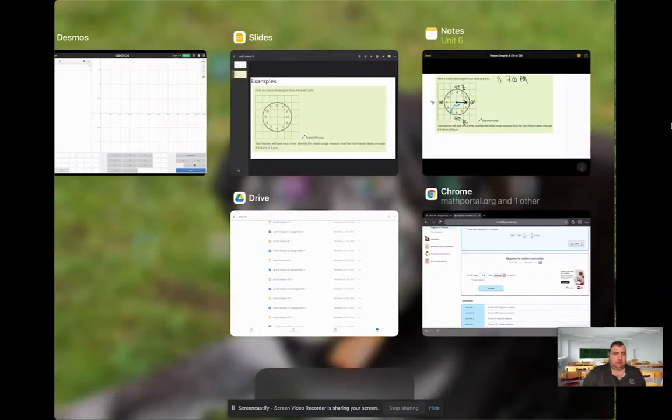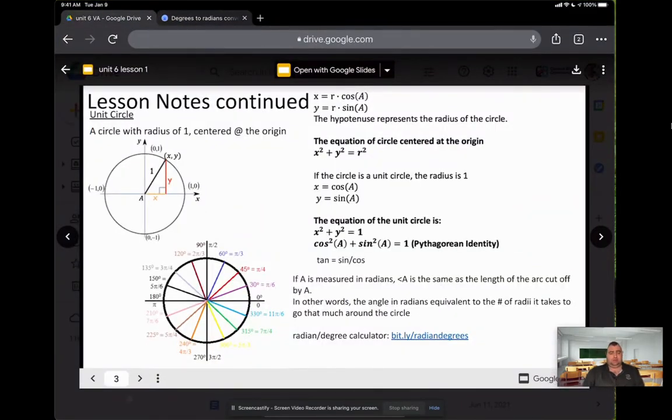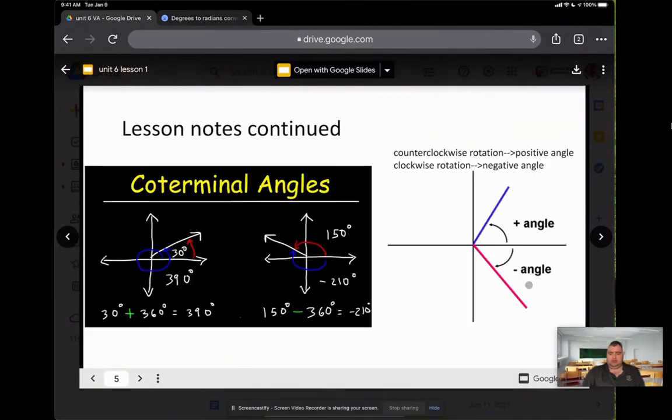Let's go back to our notes from lesson 1. First of all, what I want to call your attention to is this right here. We've already talked about this ad nauseum, that when we rotate in a counterclockwise direction, that is a positive rotation. But we also know that we can rotate clockwise.